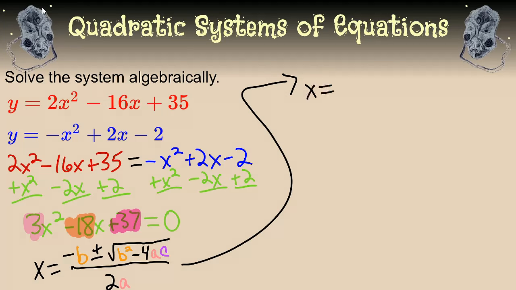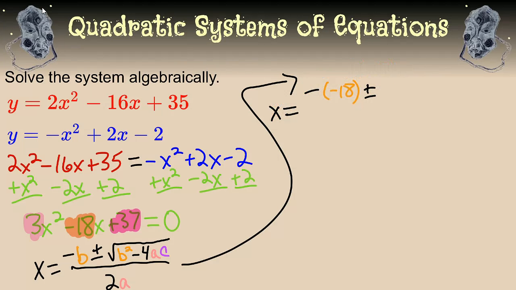All right. x equals negative b. b is negative 18. Plus or minus, I'm going to have to squish this together a little bit. There we go.